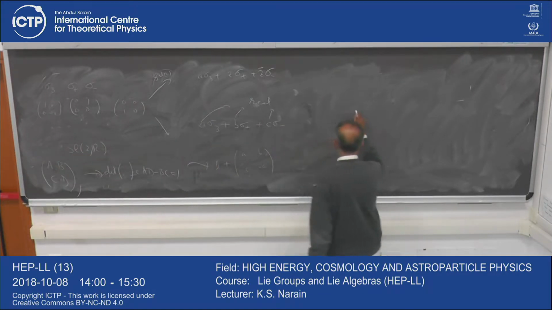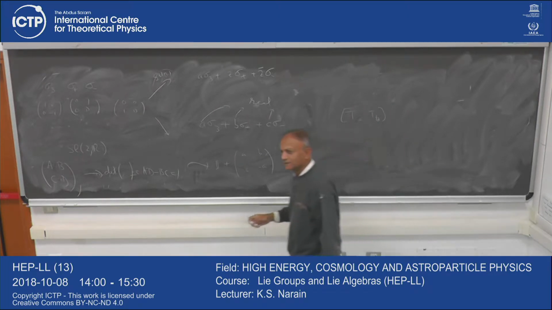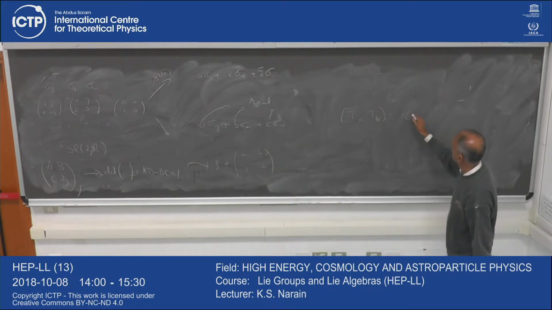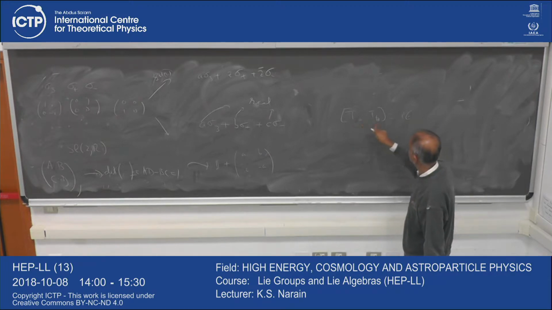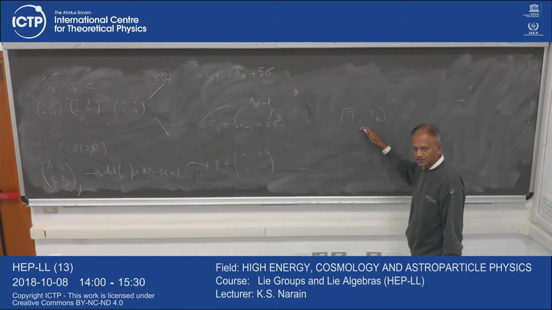If your generators satisfy the commutator of TA, TB equals i epsilon TC, right? Okay, so what we are saying is we are not sure whether these are Hermitian or anti-Hermitian, right? Whichever it is, the commutator is always going to be anti-Hermitian.